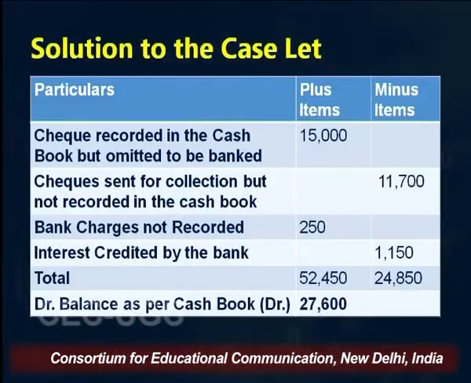So, lastly, if you make a total of all the items which we discussed, the total of plus items is 52,450, total of minus items is 24,850. So, the balance as per cash book would be 27,600, right. So, this is the debit balance as per cash book.